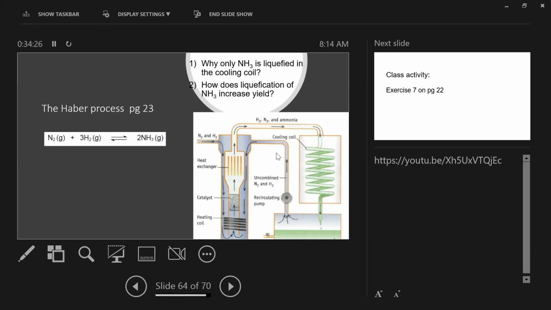So number one, recognize that this is a gaseous reaction. The physical change from gaseous ammonia to liquid ammonia will affect the concentration of the gaseous ammonia. Therefore, the position of equilibrium will shift to partially offset. So that's how it works.